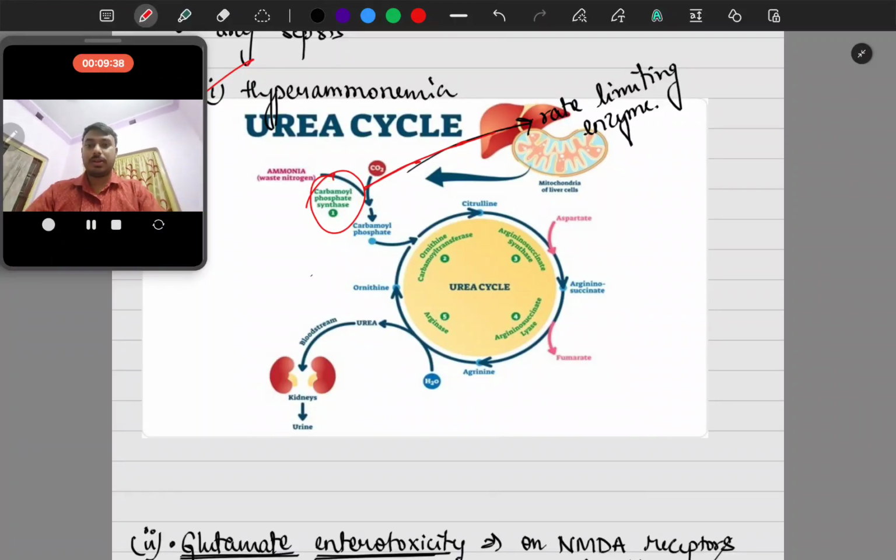The main waste product is ammonia, and the ammonia is changed to carbamoyl phosphate, and it enters the urea cycle. The main transformation is done by carbamoyl phosphate synthetase 1. This is the rate limiting enzyme in this whole process or the whole metabolism.